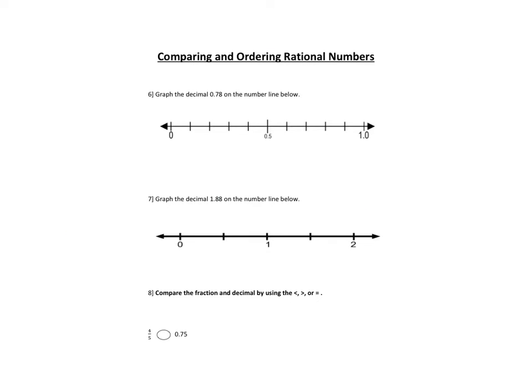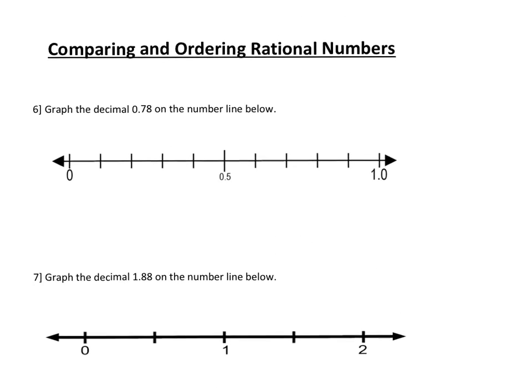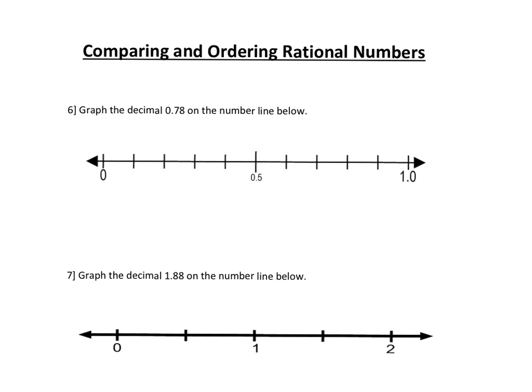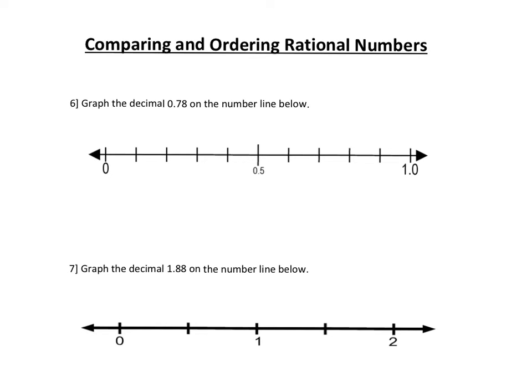All right. Also on your quiz, you're going to be asked to compare and order rational numbers, or we're going to put numbers on a number line, decimals on a number line. Okay, so let's go ahead and look here. Remember, we talked about making everything look like money. And here we can clearly see we have $0 and $1.